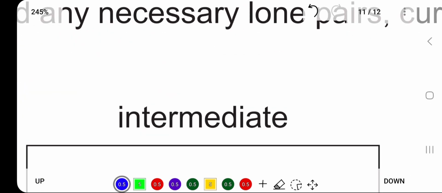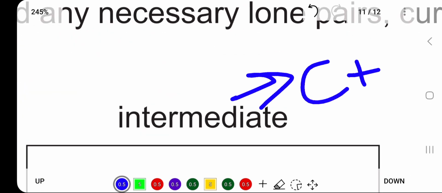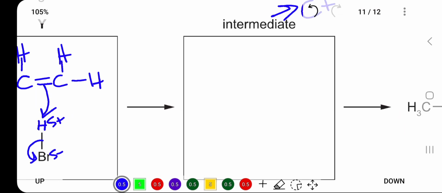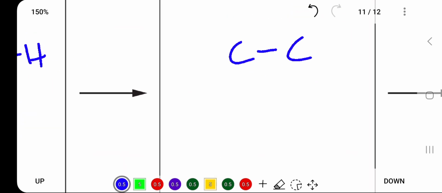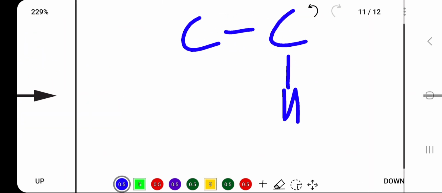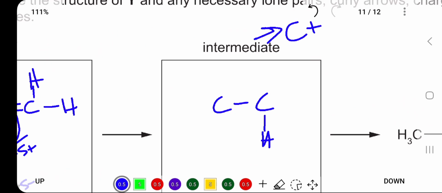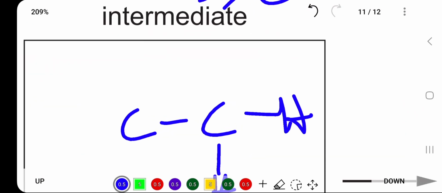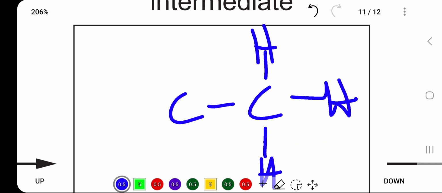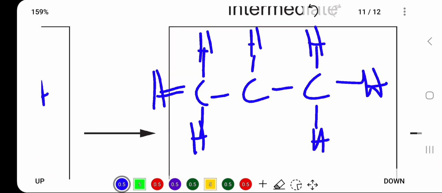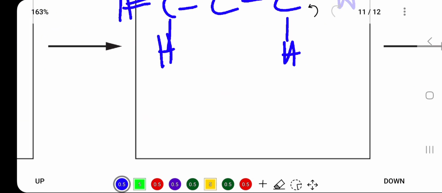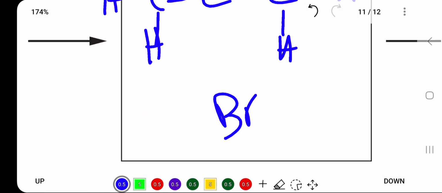Now the intermediate is when there is a carbon cation. So you should repeat everything after you added the H. Now complete everything once again. Hopefully you're understanding everything till now. I tried to explain everything in detail, to be honest.